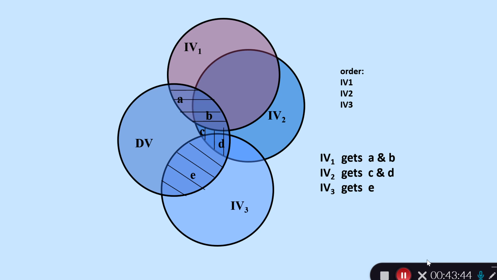IVs 1 and 2 are accounting for a much bigger area of overlap of correlation than when we did the analysis using a different method. Notice how that's changed from standard multiple regression.